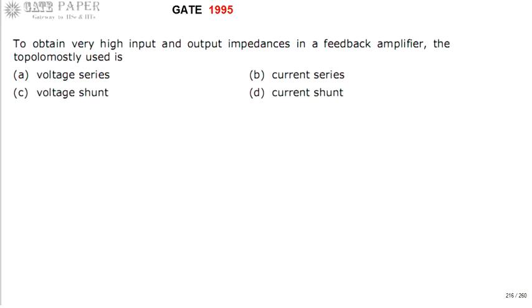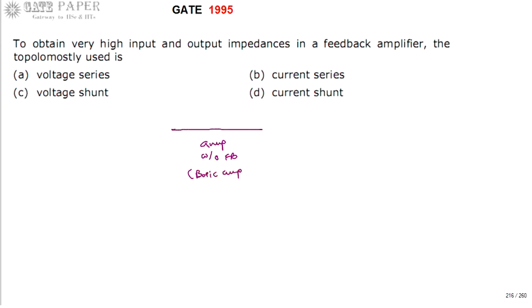So generally, feedback is used to improve the input and output impedances according to the requirement. Let us assume an amplifier without feedback; it is called the basic amplifier.